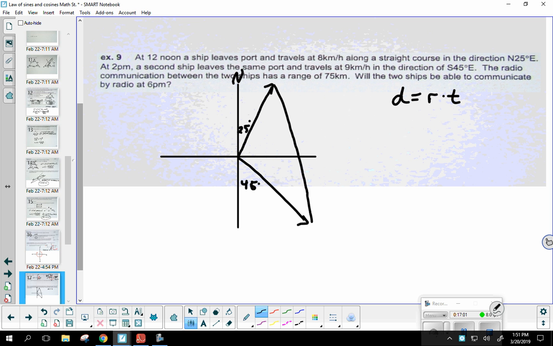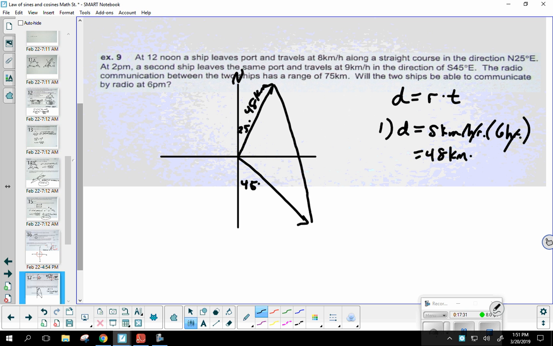So the first ship's distance traveled is 8 kilometers per hour times 6 hours. Yeah, because it left at noon, and we want to know at 6 p.m. can they communicate with each other. Of course the hours are going to cancel, so there's 48 kilometers. So this is 48 km.